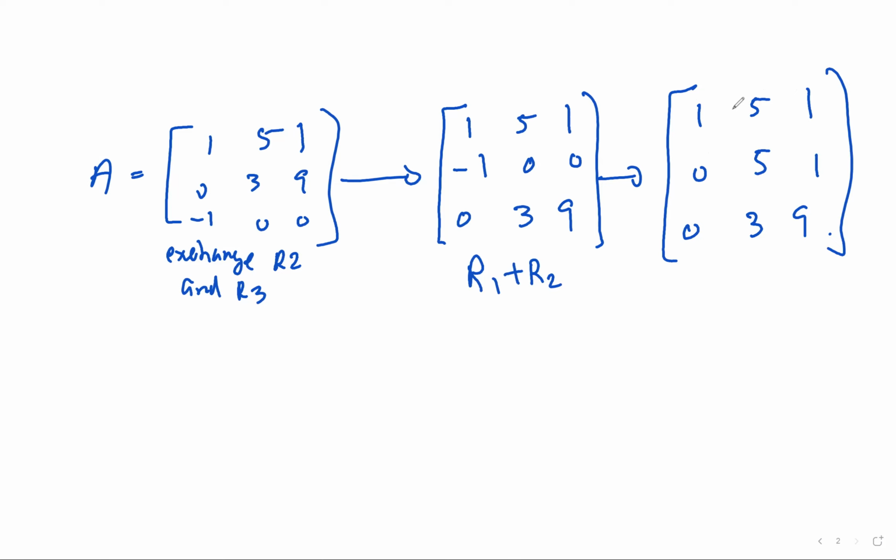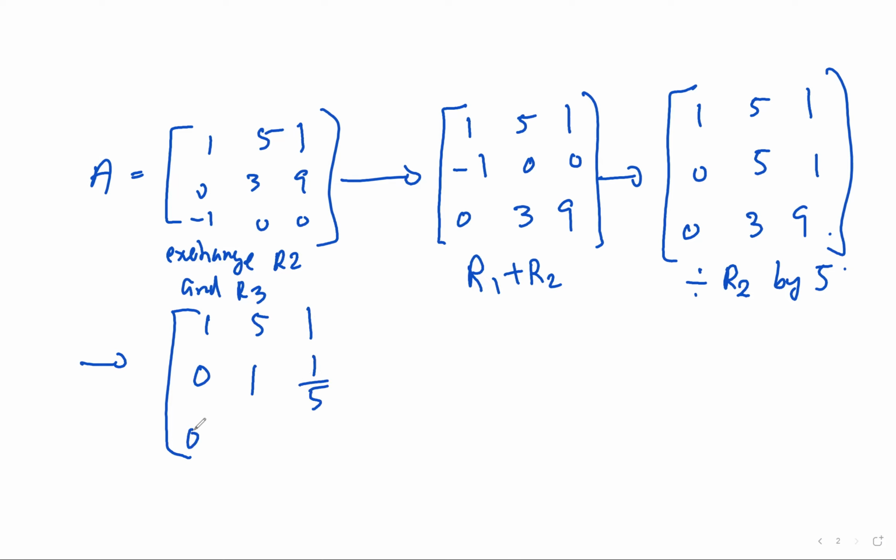So let us divide row 2 by 5. When we divide row 2 by 5, row 1 we repeat and write the way it is. Then we get 0, 1, 1 over 5. Then we get 0, 3, 9. Write row 3 the way it is.